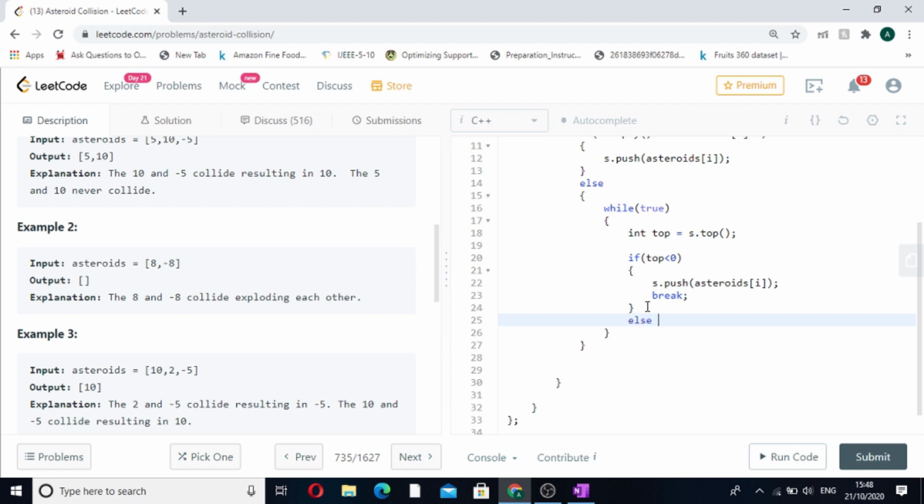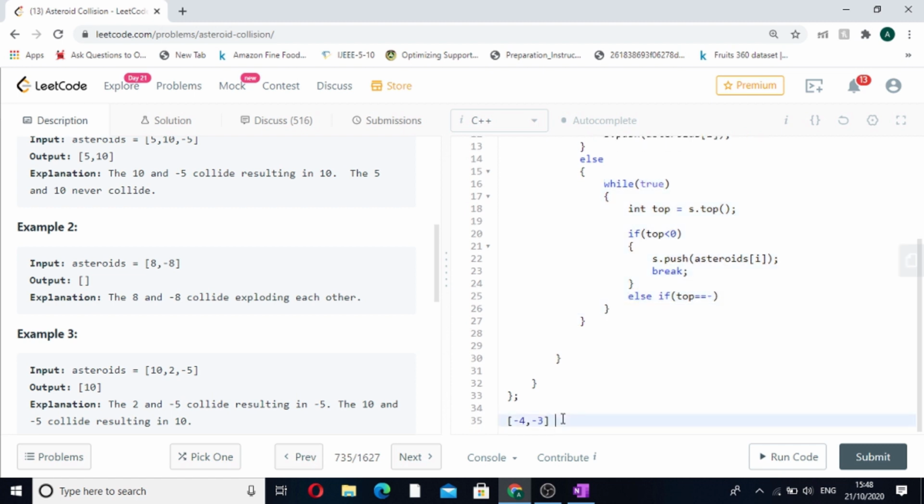Now this was the condition when top is less than 0. There can be certain other conditions also. There are many conditions in this question, so please try to understand what I am trying to say. If our top is equal to minus of asteroids I. When we are coming in this else situation, we know that the ith asteroid is negative in nature. Suppose it was -5 and the top of the stack is 5.